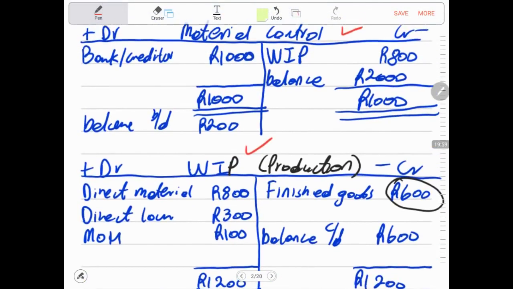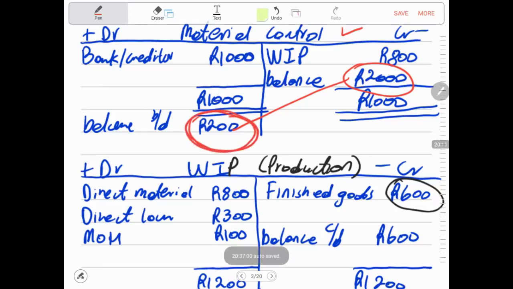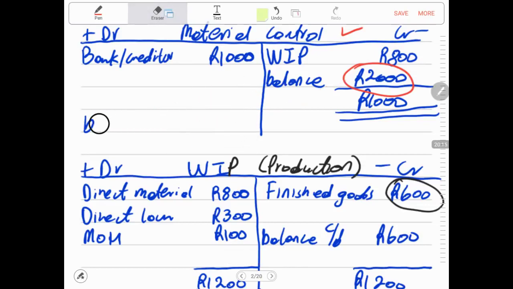Now, I want to go into the beginning of the next year. Remember, whatever was the closing balance became an opening balance, meaning now our opening balance of raw material is 200. So now I'm starting the new accounting period with the opening balance of 200 rands.